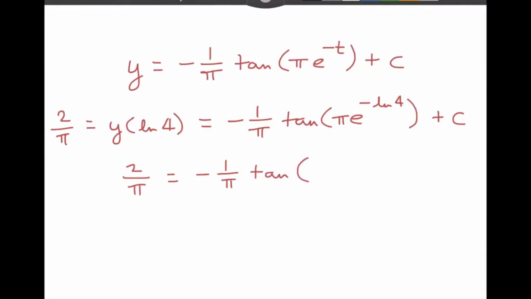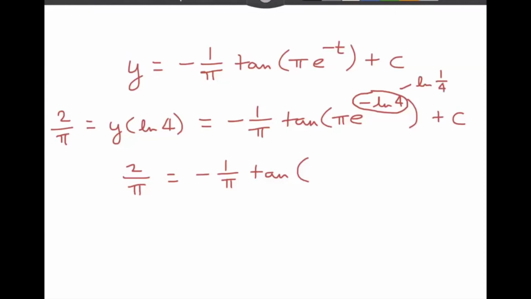Now, what is e to the negative natural log 4? Remember, we had a property of logarithms. I referenced it once earlier in this video. Negative natural log x is equal to natural log 1 over x. That means that this thing is equal to natural log 1/4.